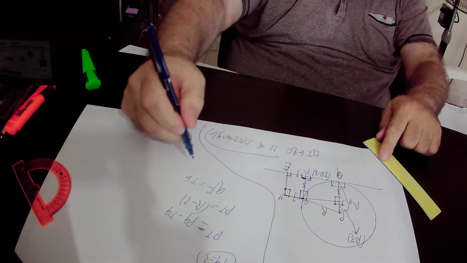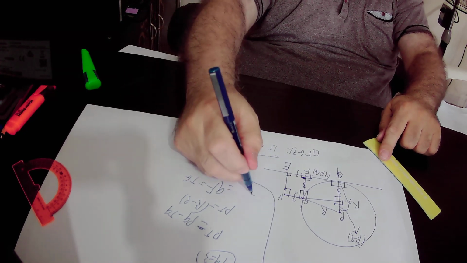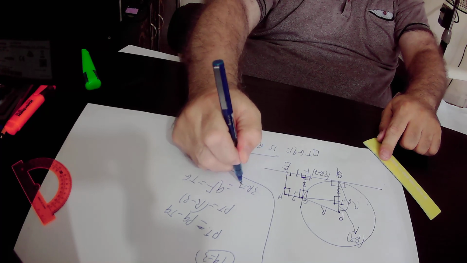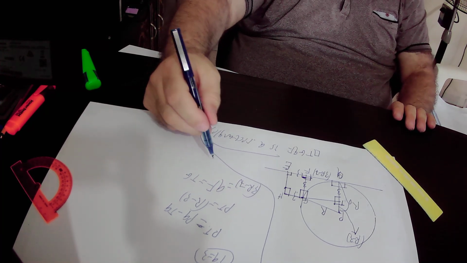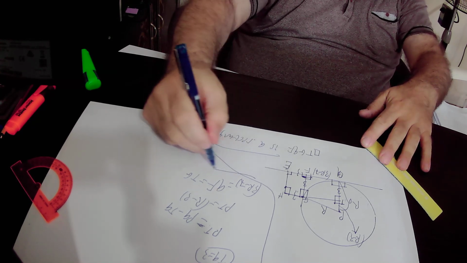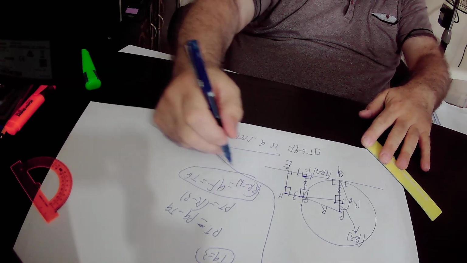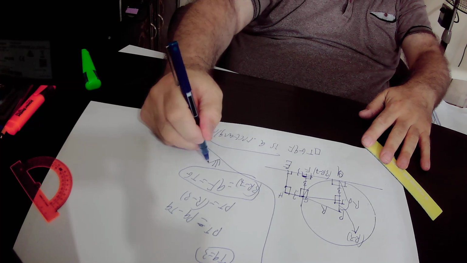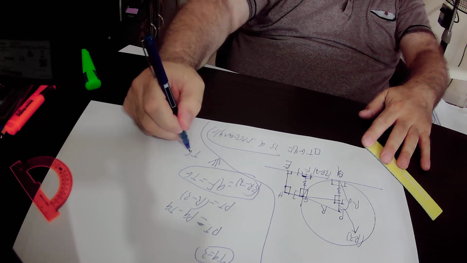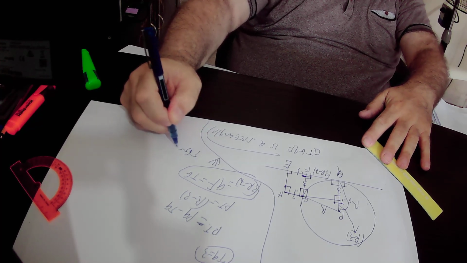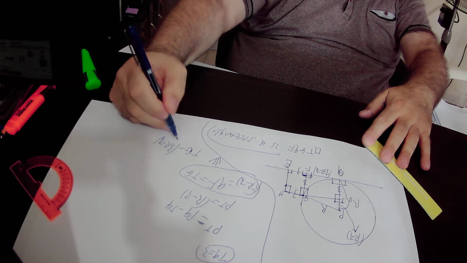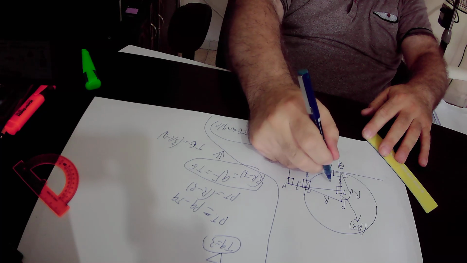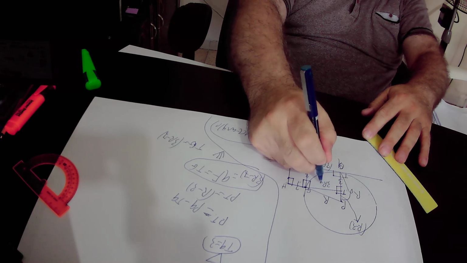So we can write here that QF equals 3R minus 7. And from this equation, 3R minus 7 equals QF equals TG, we derive that TG is also equal to 3R minus 7.